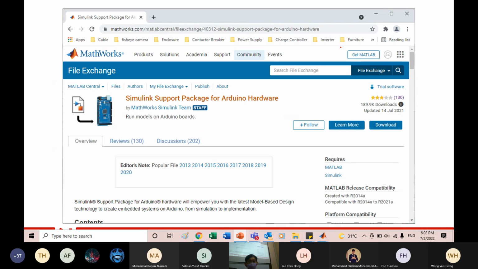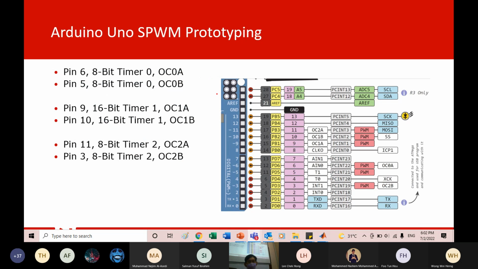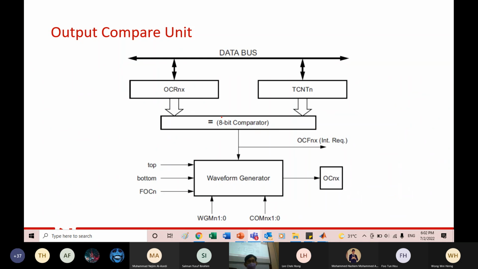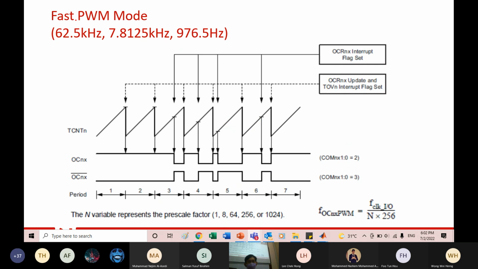So if you want to do that, you need to download this Simulink support package from MATLAB. It's free. And after that, of course, these are the pin selections. You need to know the pin details and understand how the PWM works. The limitation of using Arduino is that the selection of frequency is limited.